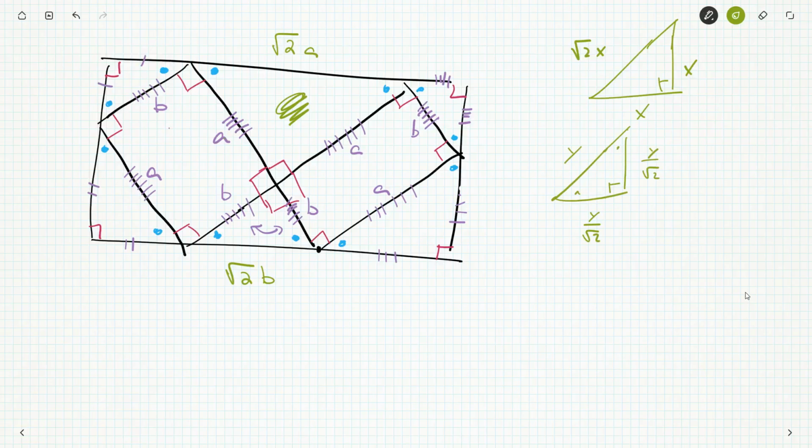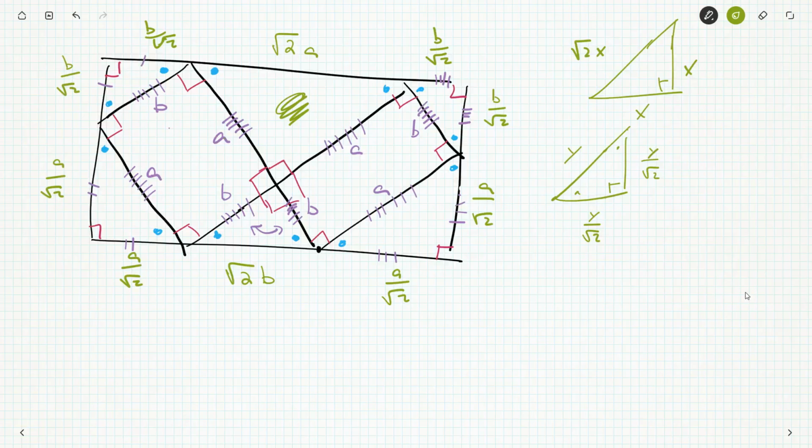That's how I get root 2a and root 2b, but now I can also reverse it. We get a over root 2 here, a over root 2 here, b over root 2, b over root 2, b over root 2, b over root 2, a over root 2, and a over root 2.